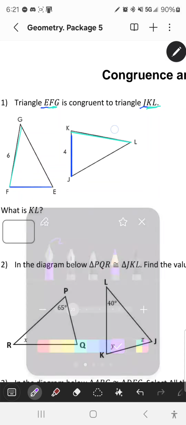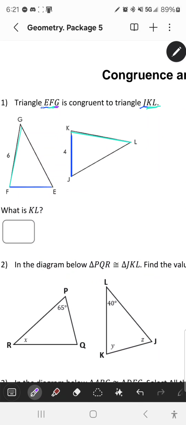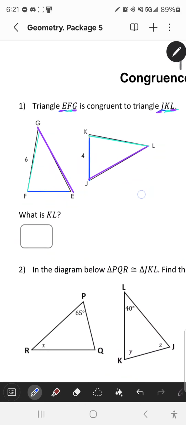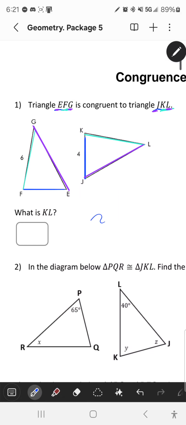And I know that GE is going to be congruent to LJ because of the order of the letters. Now, I'm looking for KL. KL goes with GF, and since they are congruent, they need to be equal, so KL is also equal to 6.